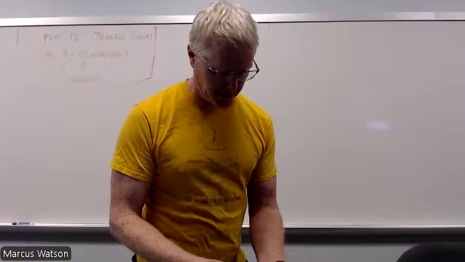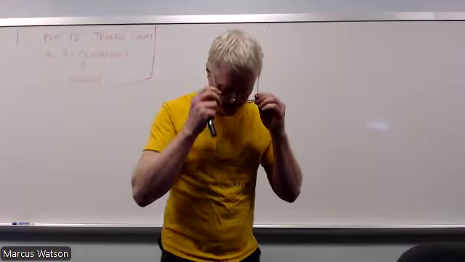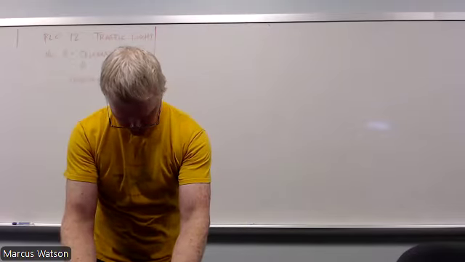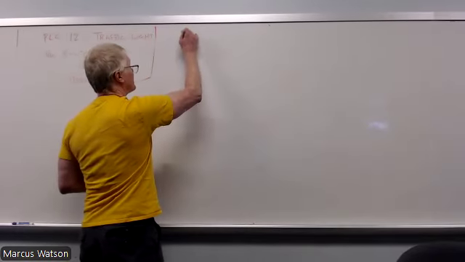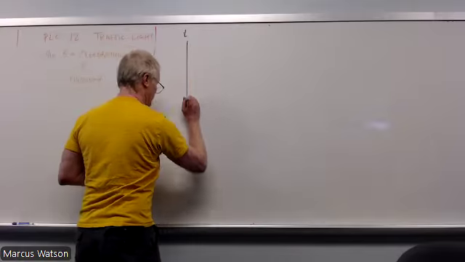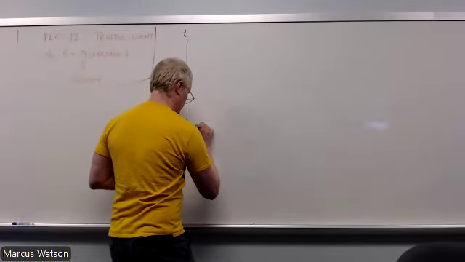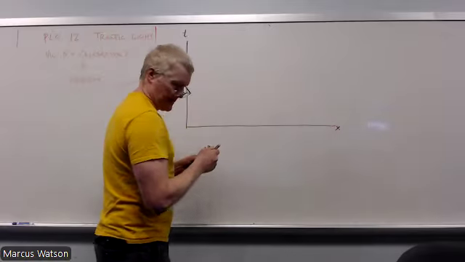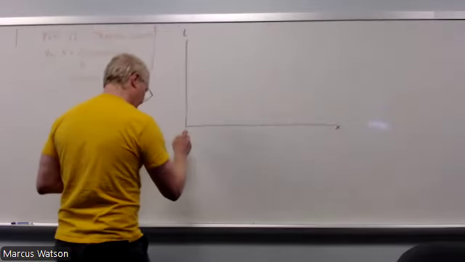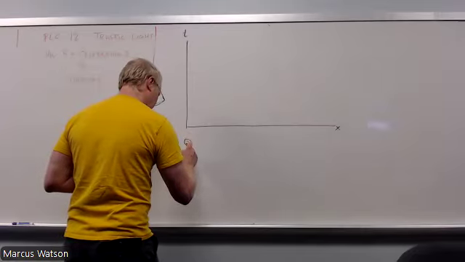So I drew a picture yesterday, and let's see if I can reproduce it. It looks something like this. And time, X. And we're going to have a person standing here.